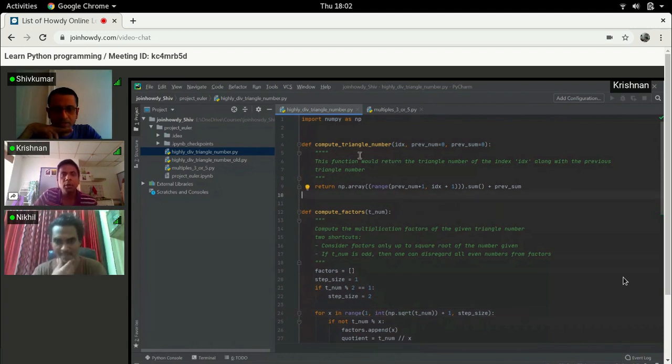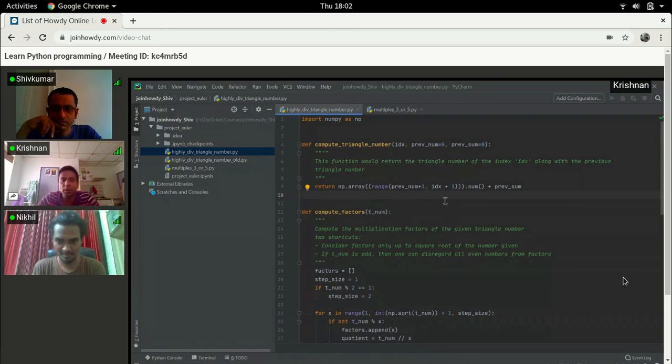So in the compute triangle number function, we discussed that we should probably include some historical information, that is, what was computed earlier, so that you can use that for future computation. What I did was, until it could be any number until which we computed the last time, in the previous instance, and then you also give the sum.